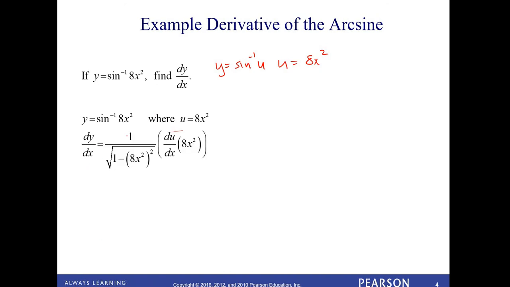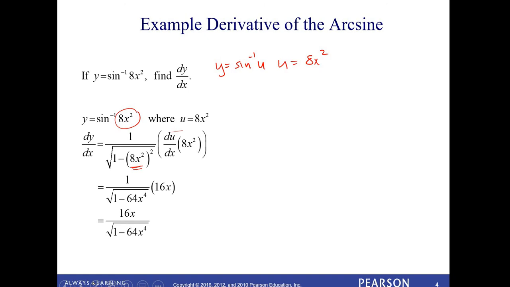So dy dx is 1 over the square root of 1 minus our function value squared times the derivative of the inside, the chain rule. So there's my derivative. They went ahead and squared this term to get 64x to the 4th. And there's my final derivative for sine inverse of 8x squared.